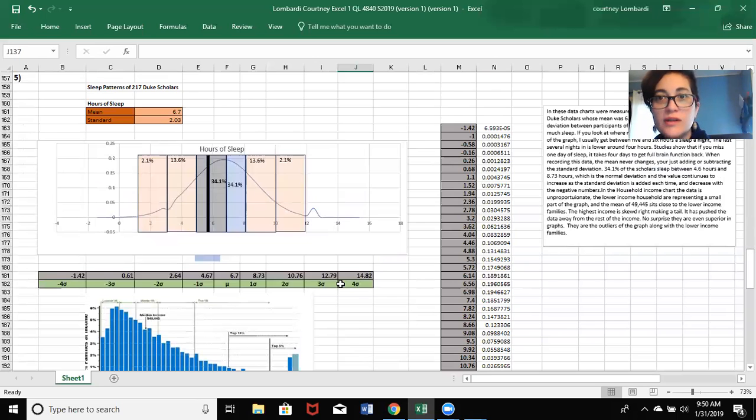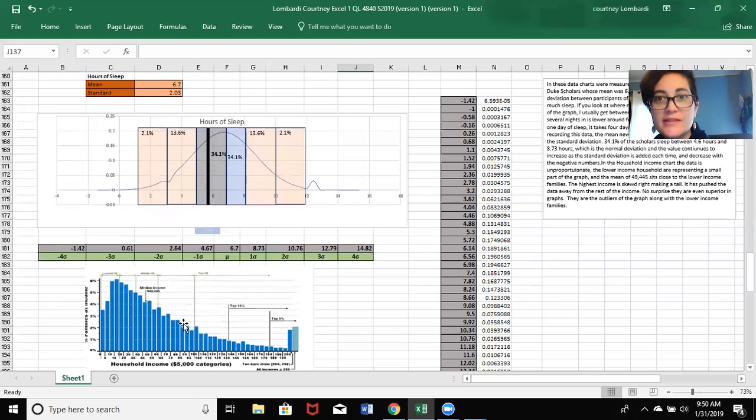In the household income chart, the data is disproportionate. The lower income families are over here on the left, and it's taking up a really small amount. Just like over here, the highest income is tailed over here to the right.